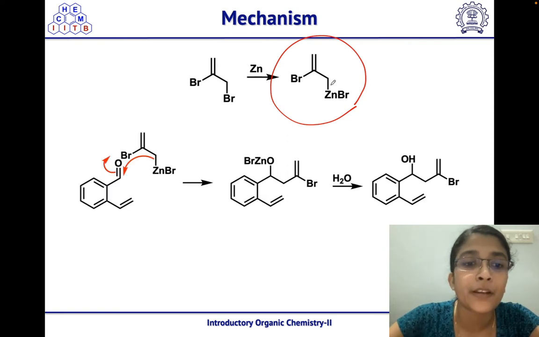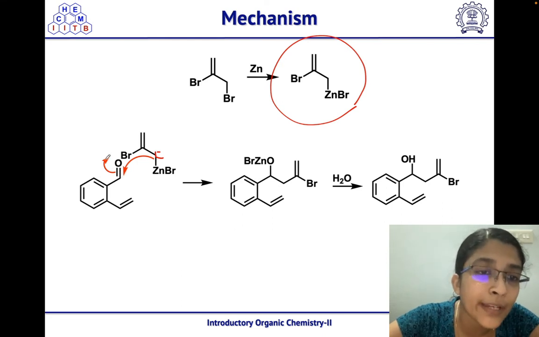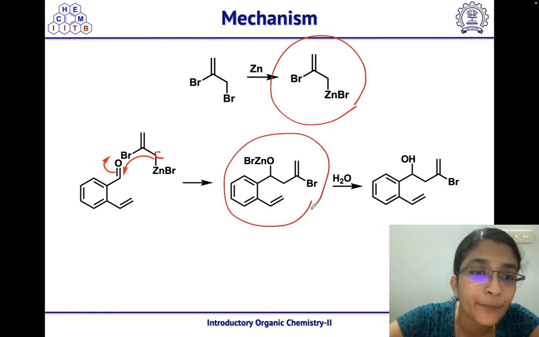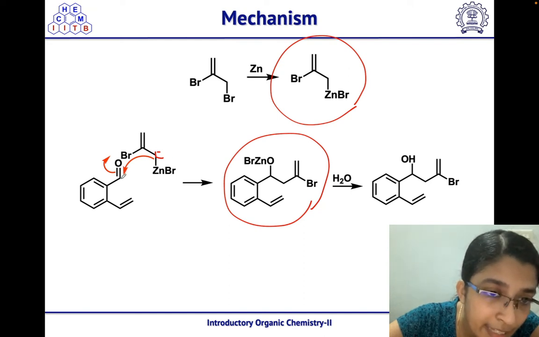Now what will happen? Here it will be having partial negative charge. So this carbon will add on to this aldehyde that we have in the question. Here this partial negative charge on this carbon will attack this electrophilic aldehyde center.